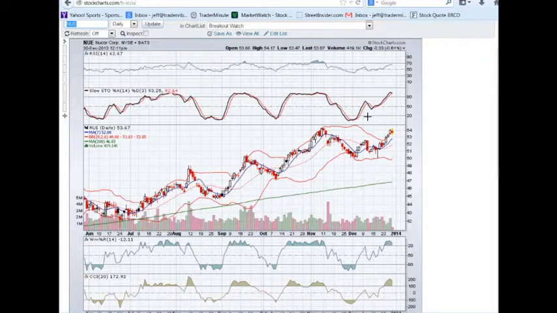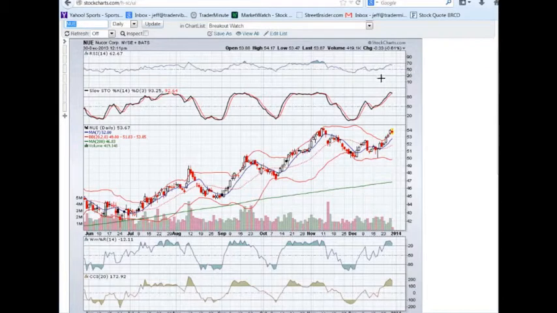In general, oscillators, when they're high, are trying to find a point where the stock is going to pivot or reverse and go lower. When they're low, they're trying to find a place where the stock is going to pivot and potentially go higher. So, stochastics below 20, the stock should probably go up.